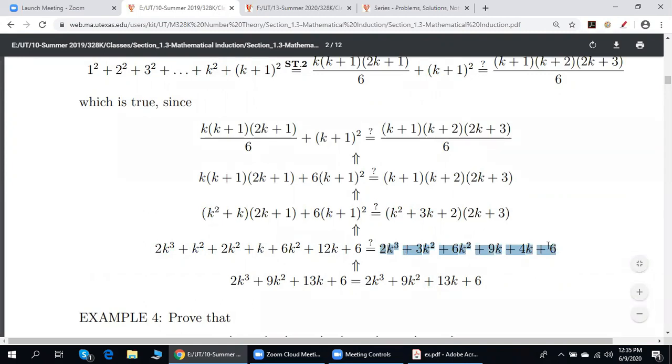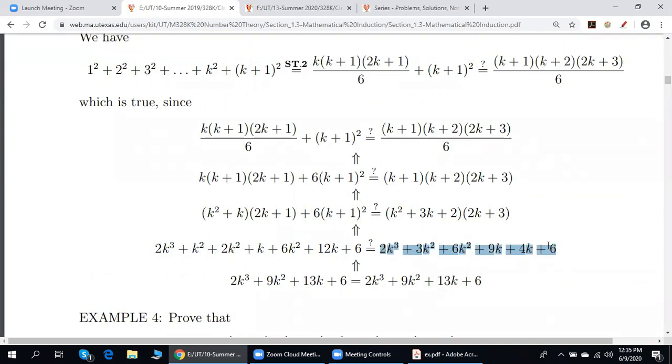Finally, we collect like terms. It's totally obvious that the left-hand side is equal to the right-hand side. Therefore, question mark is gone here. Lastly, we switch the arrows. This implies this. This implies this. This implies this. And the desired identity is proven.